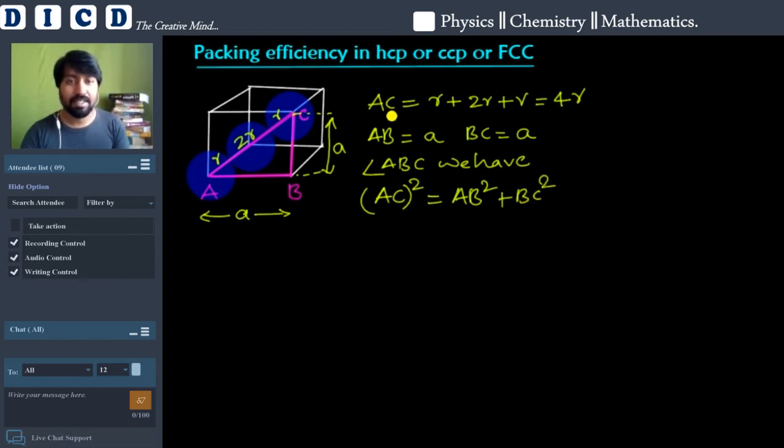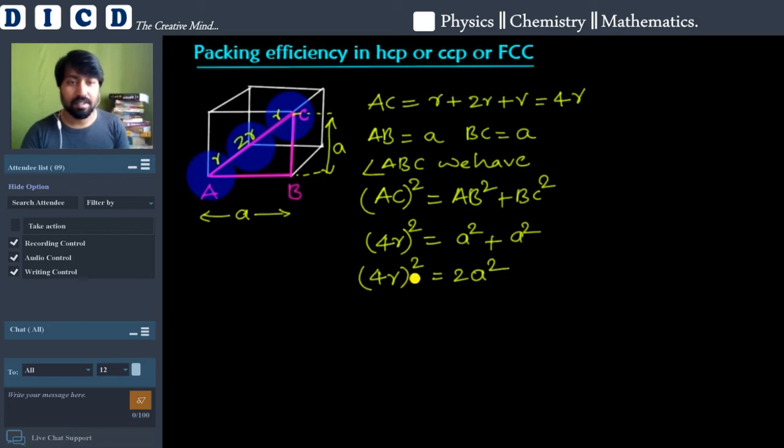Now we found the AC value, that is (4r) square, equal to AB, which is a, so a square, and BC is also the edge length a, so a square. Now (4r) square is equal to 2a square.